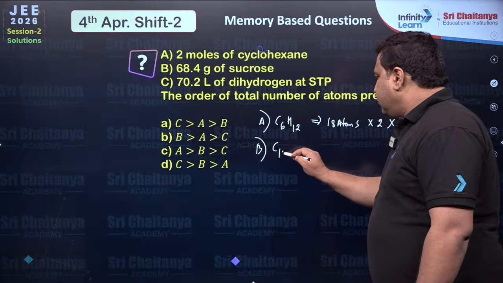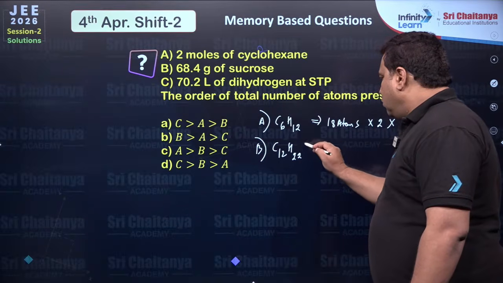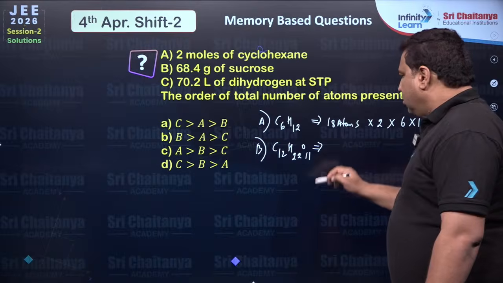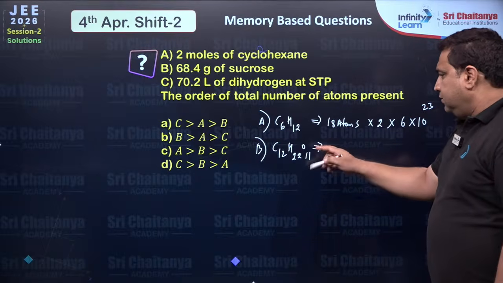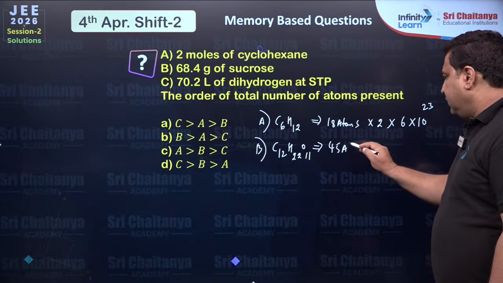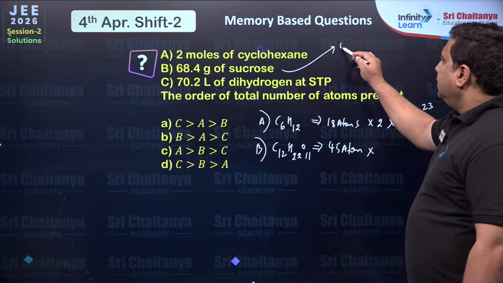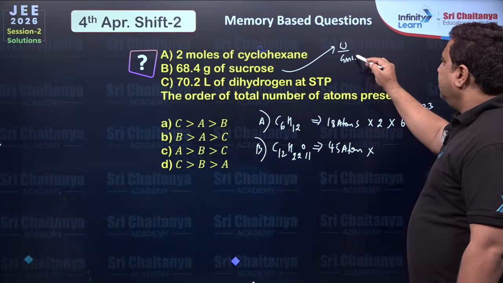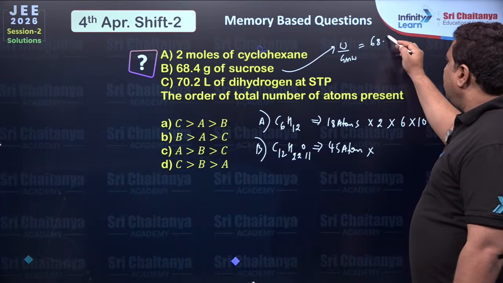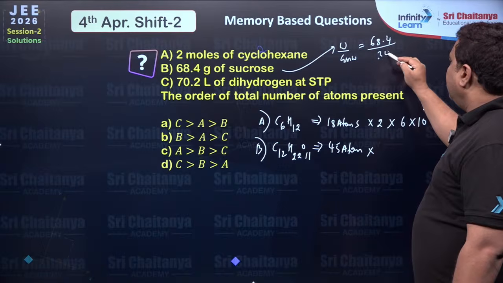Option B, 68.4 grams of sucrose, C12H22O11, which has 45 atoms. Now the moles of sucrose is nothing but weight upon gram molecular weight, so 68.4 upon 342.